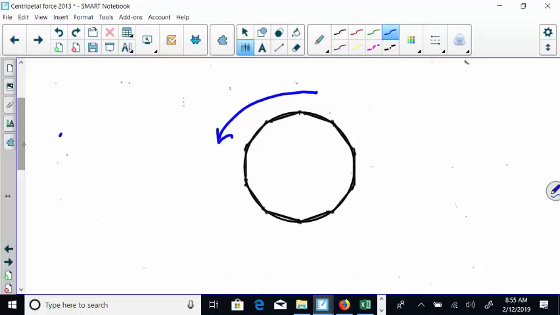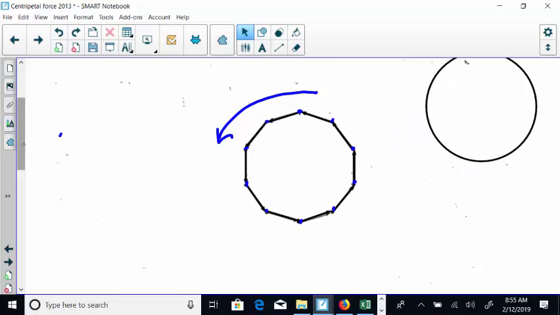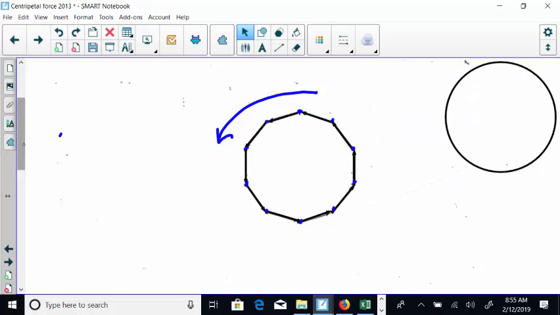I am going to be interested in specific points on this circle, so I'm going to make points around this circle, and those are going to be points that actually have velocity. Now, what I'm going to do here is remove the actual circle part of this, so I'm going to get rid of that.